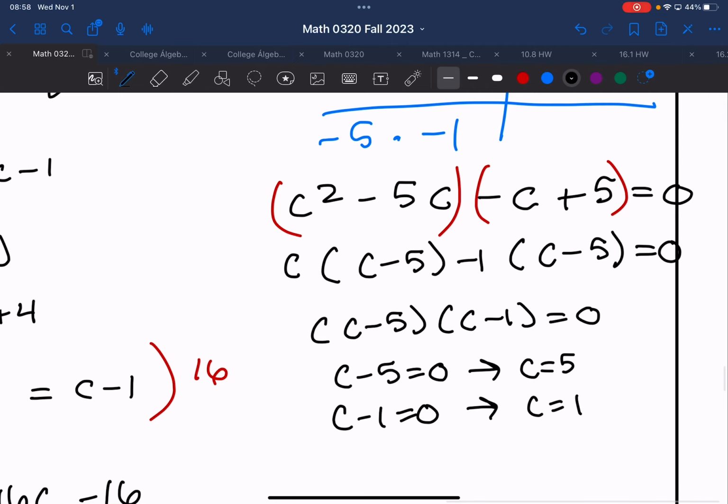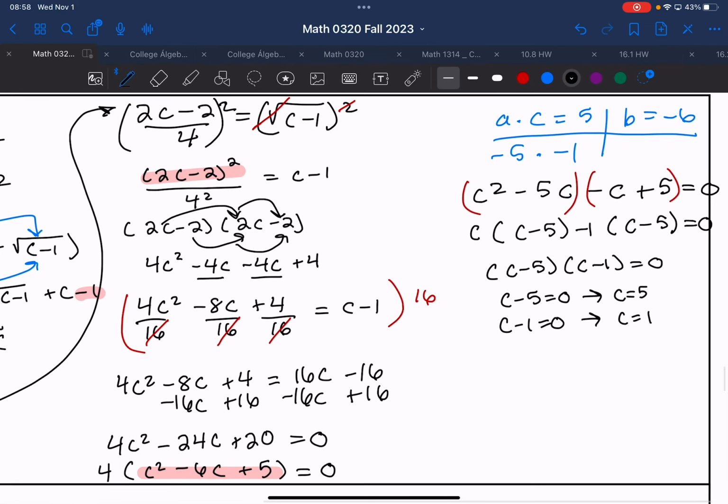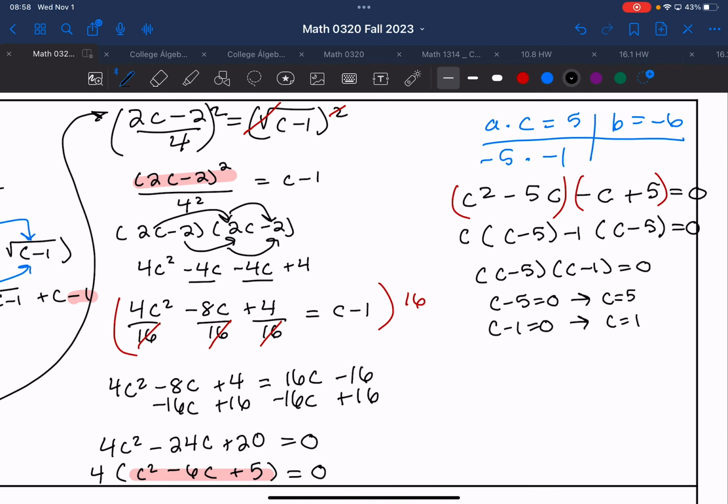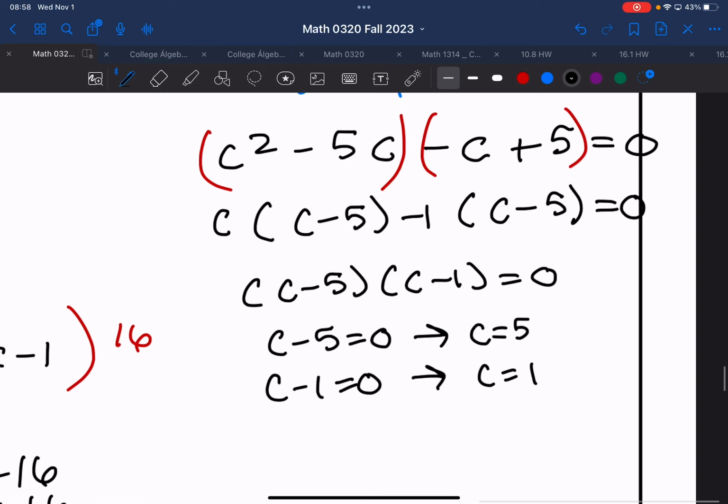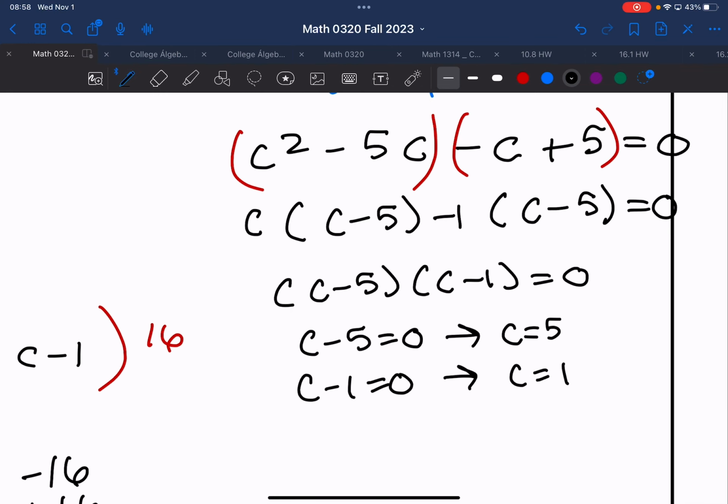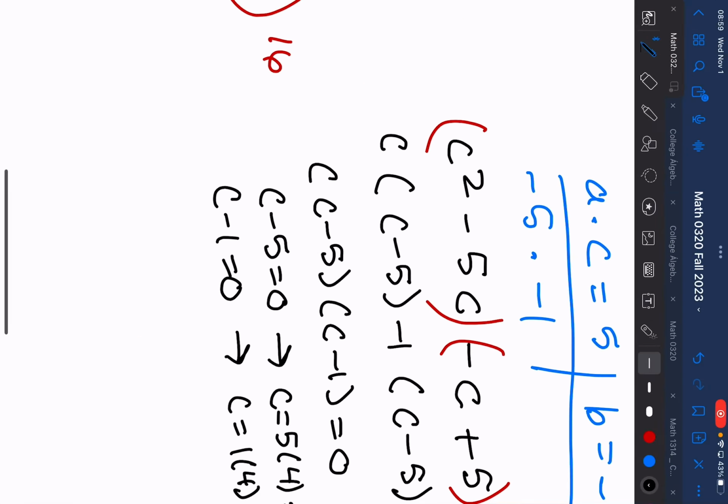But remember we took out a GCF. What was that GCF? 4. So what are we going to have to do with our answers and that 4? We're going to have to multiply them, so each one by 4. So that means we have the answers of 20 and 4. And that was because we took out the GCF of 4.